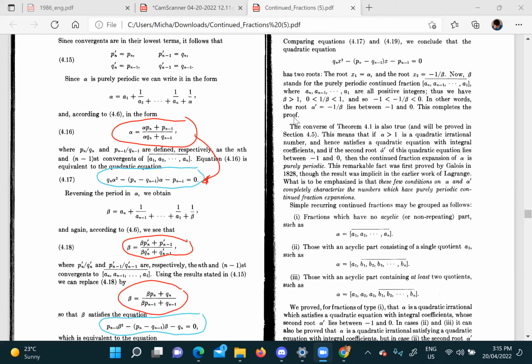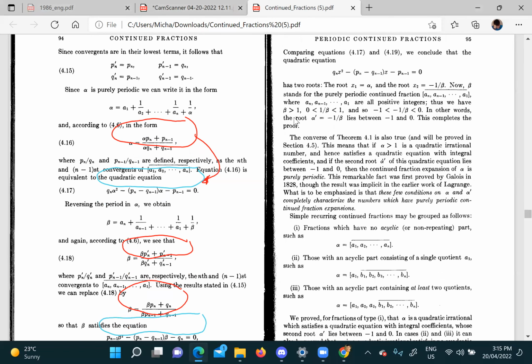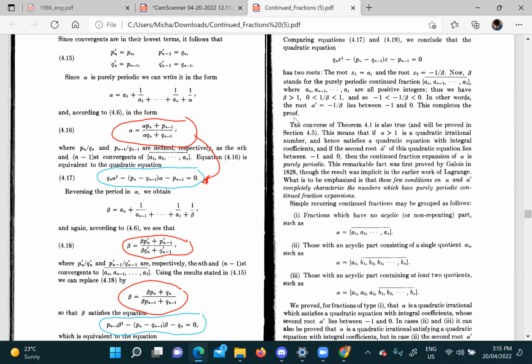The primes are the convergents of the reversed continued fraction, whereas the non-primes are the convergents of the original continued fraction. They're not exactly equal, but they're very closely related.